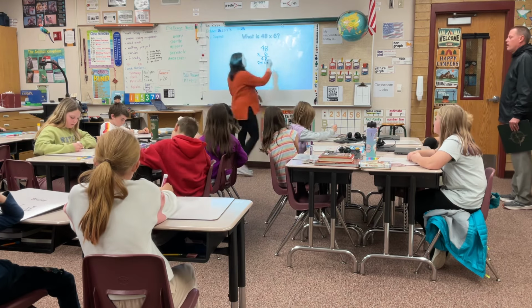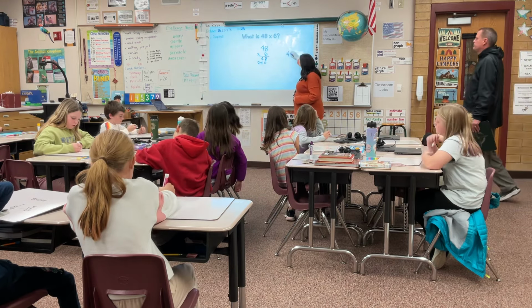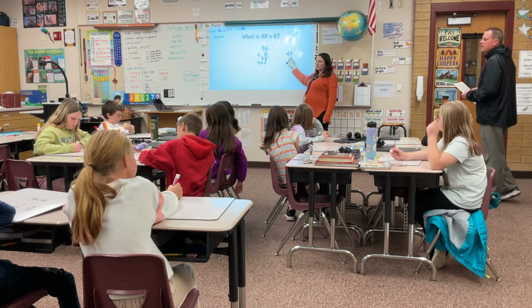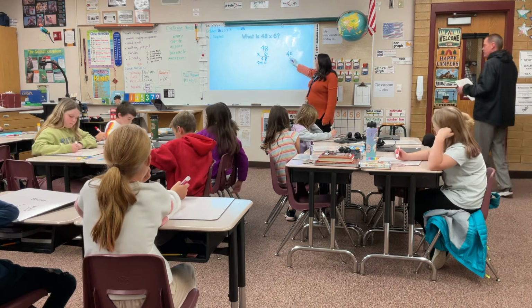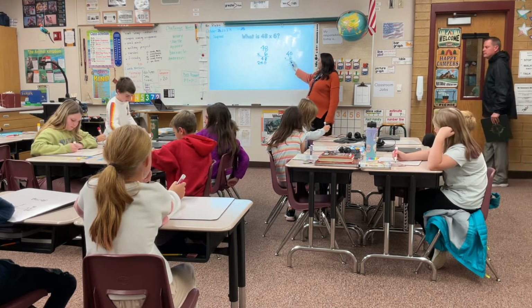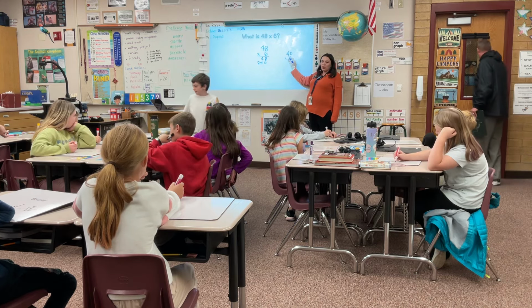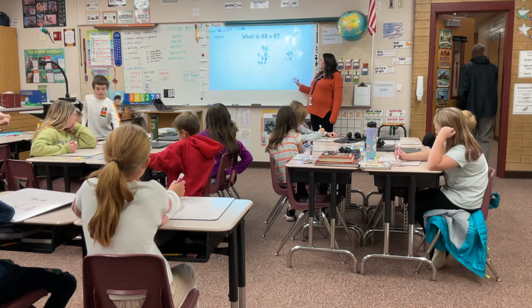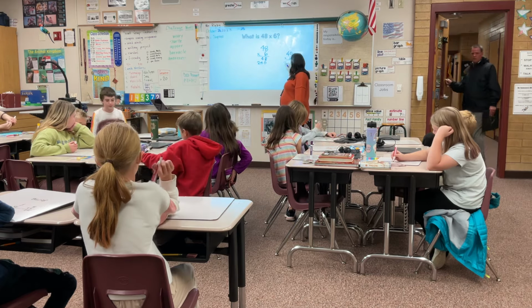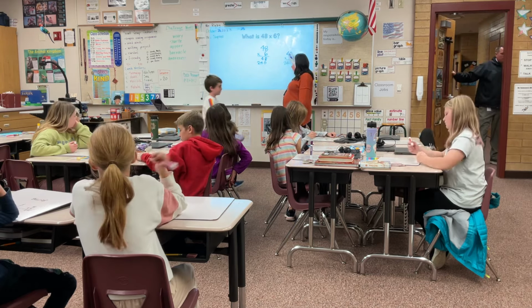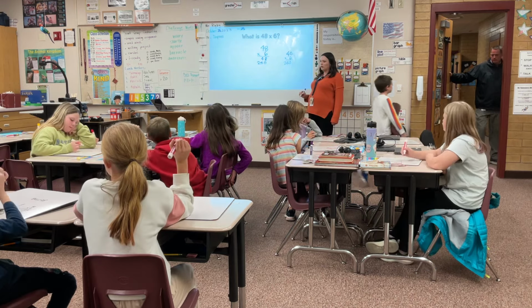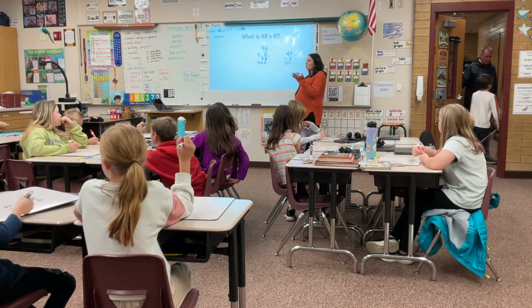She added a 0. So guys, when we're multiplying by things that have zeros in them, we can say, okay, what's 4 times 6? That's 24. And then we can bring that 0 down. So 240. 24, bring that 0 down. Okay? It's the same as multiplying by 10.